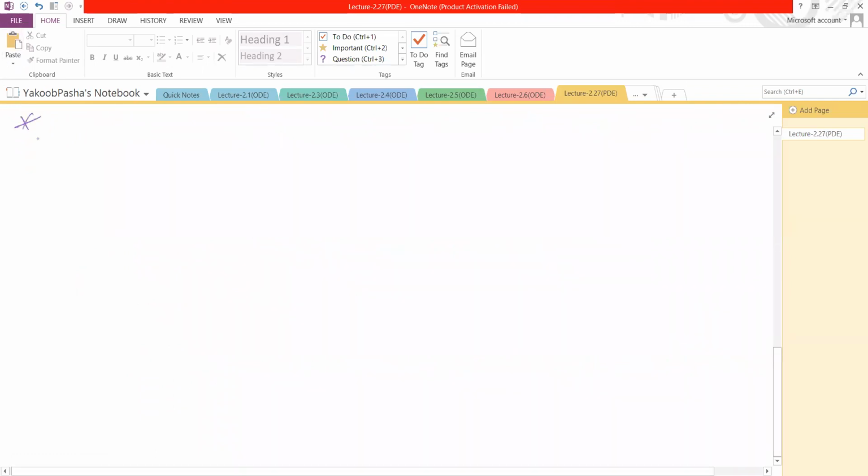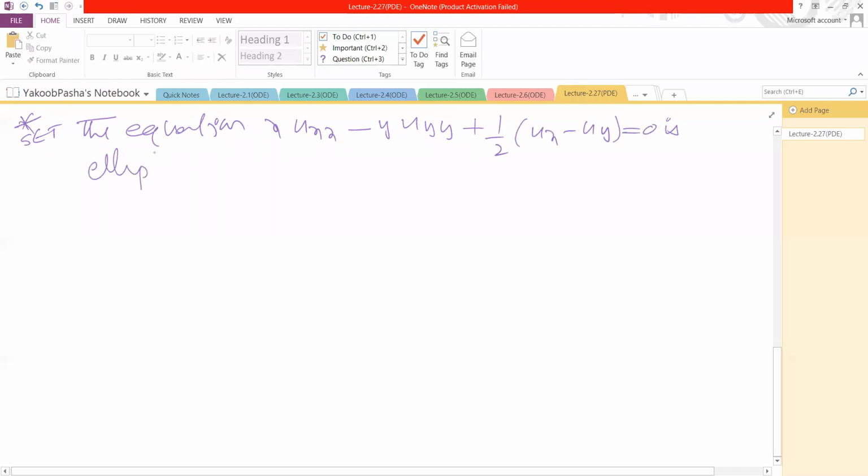The equation x into uxx minus y into uyy plus 1/2 of ux minus uy is equal to 0 is elliptic in the maximal domain.